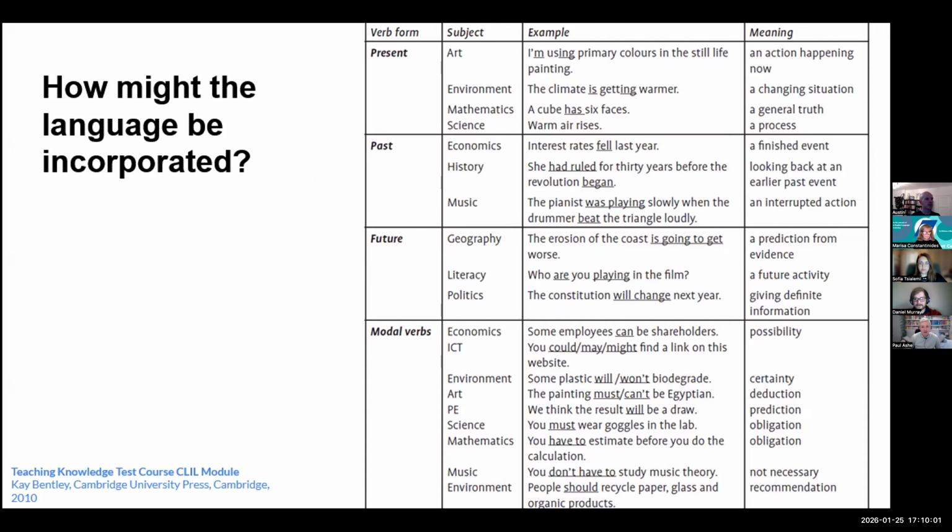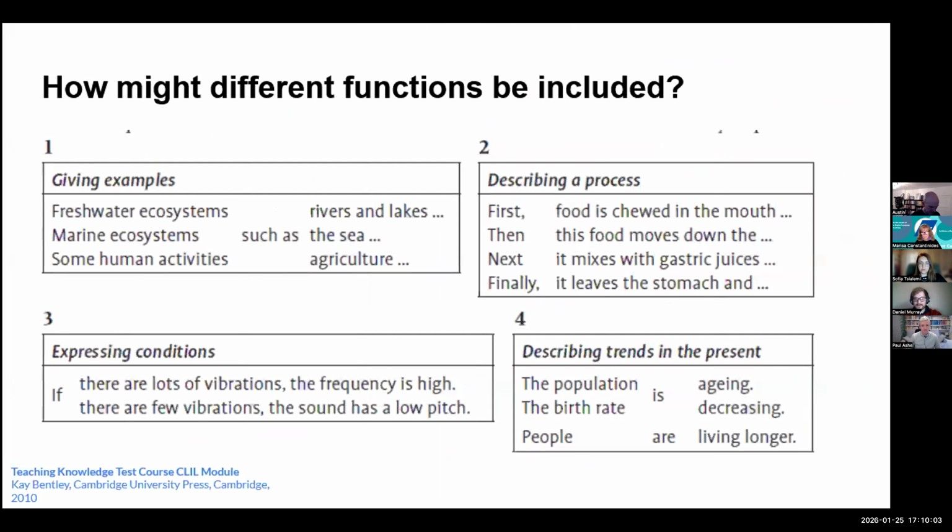And again, with functions, let's have a look at some examples here. These don't necessarily need to be explicitly taught. For example, in section 3, you might not say, let's analyze conditionals.